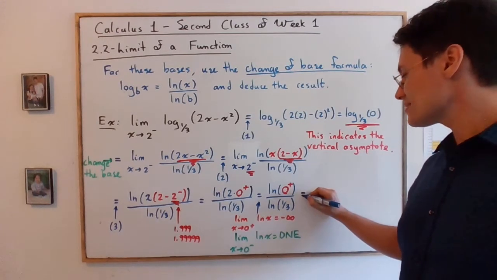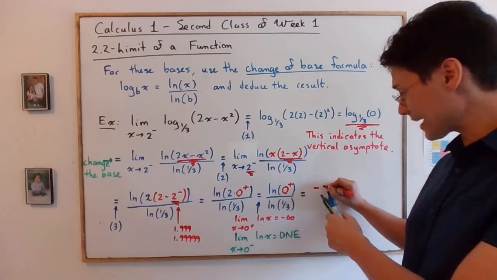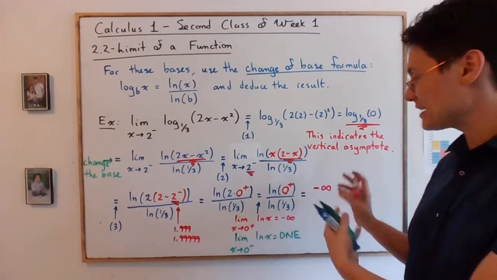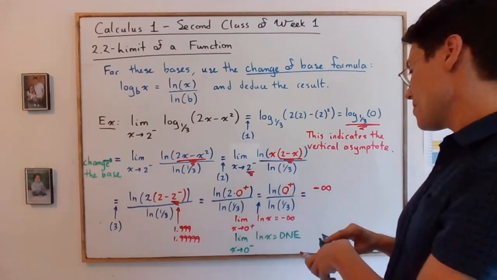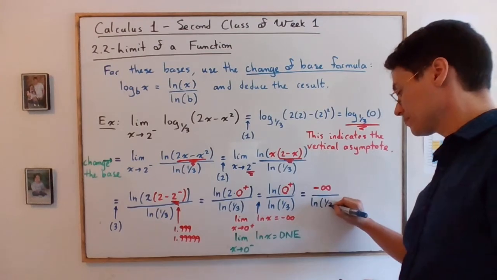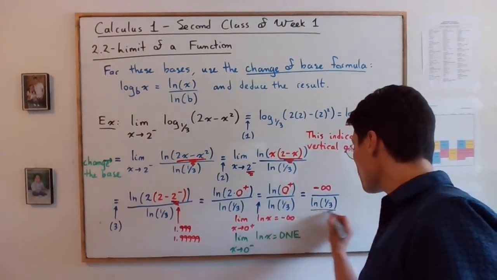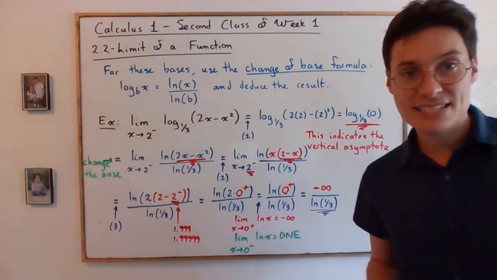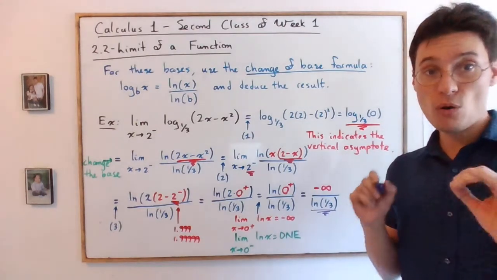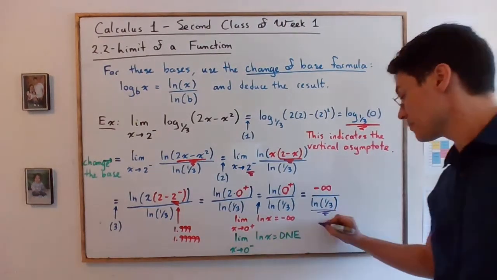Now is the time to figure out the overall sign. If we just look at the top, we have negative infinity, something that has a negative sign. Now let's have a look at ln of 1/3. What you need to remember with this is that ln of 1 is equal to 0. Before 1, it's going to be negative. This you need to kind of remember.